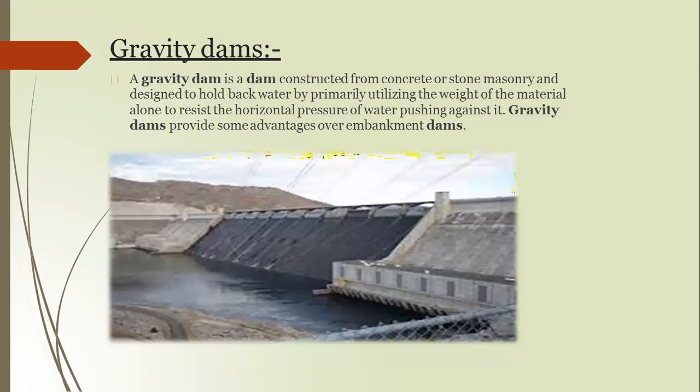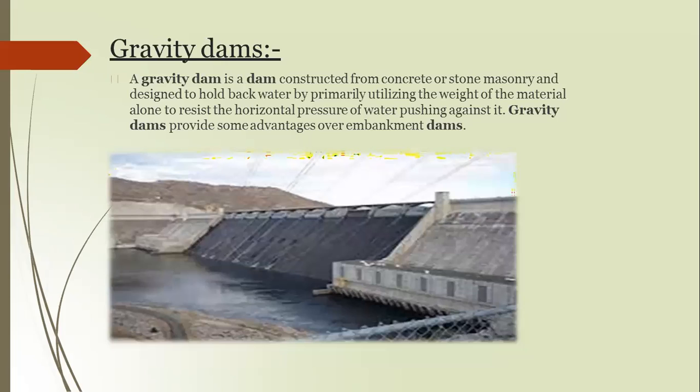Then the next one is the gravity dam. It is similar to the previous one, but why is the name gravity given? Because most of the pressure exerted by the storage of water is mostly retained by its gravity. Gravity means the weight of the dam wall.